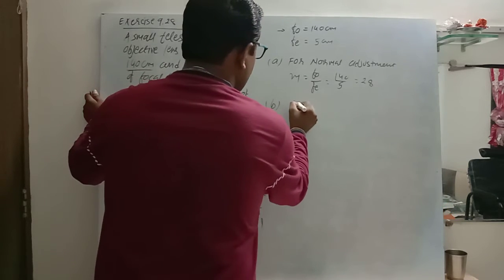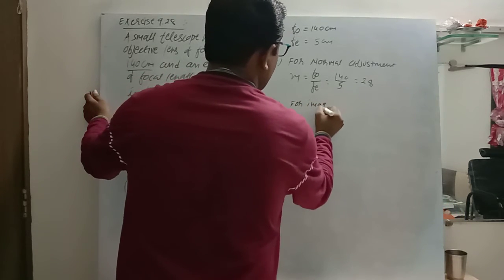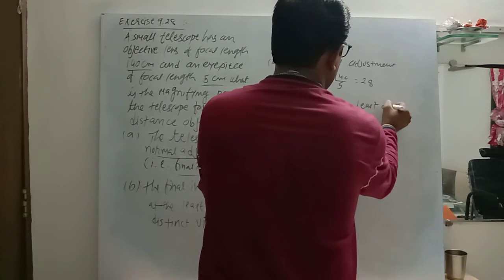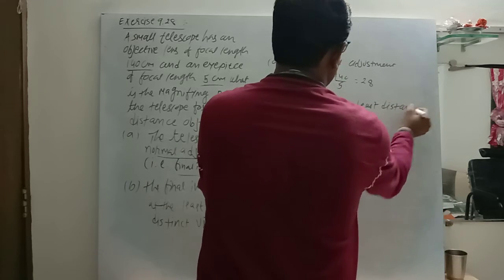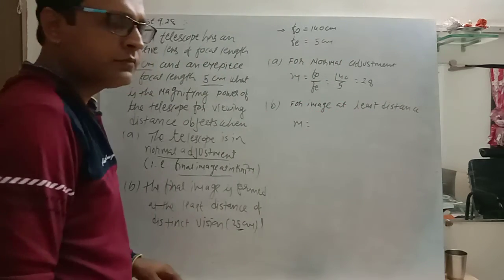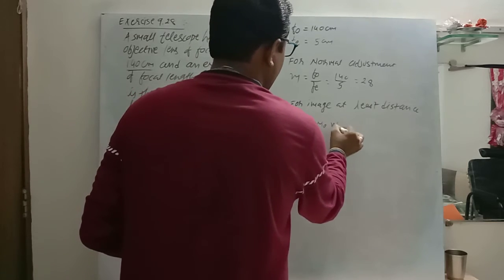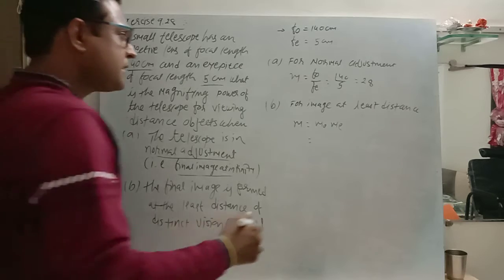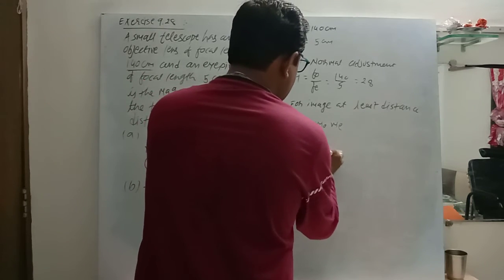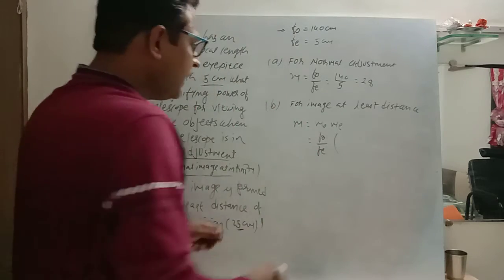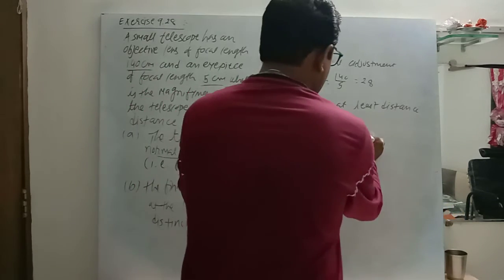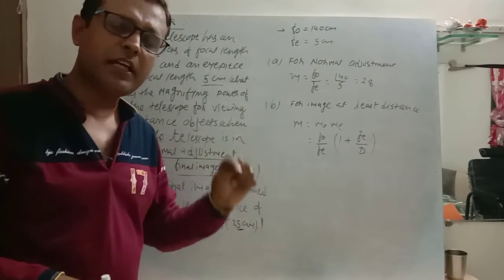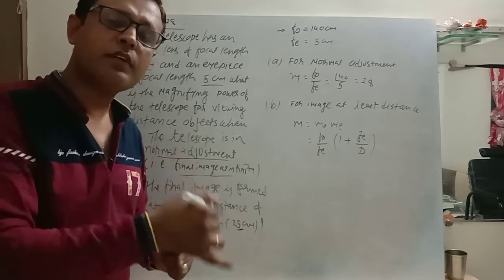Then, for image at least distance, we can say magnification for the objective and eyepiece. तो यहाँ पर ऑब्जेक्टिव के लिए बोलेंगे that is FO upon FE, and here 1 plus this will be FE upon D. For the microscope it is 1 plus D upon FE, but for the telescope it is 1 plus FE upon D.